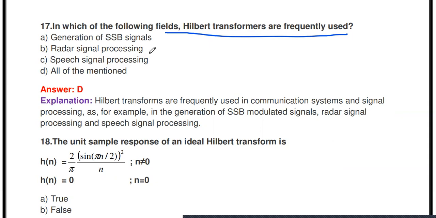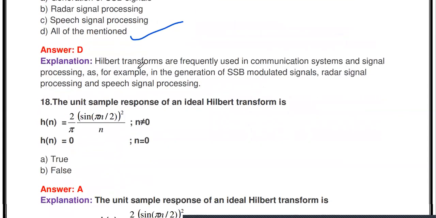Then radar signal processing, speech signal processing. So the Hilbert transform is frequently used in communication systems and signal processing.